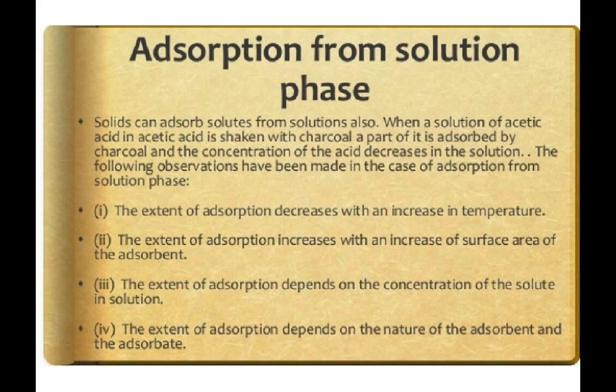Second, adsorption rate will increase when the surface area of the adsorbent increases. Third, the extent of adsorption depends on the concentration of solute in solution, and also on the nature of the adsorbent and the adsorbate.